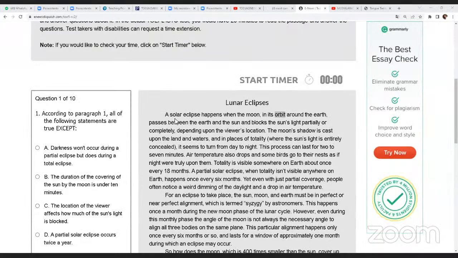So we're going to continue, right? You're going to read the paragraph, right? You know how it works. So you're going to read the first one, and we're going to answer 2 questions about it. So it is about eclipses. Go ahead, please.